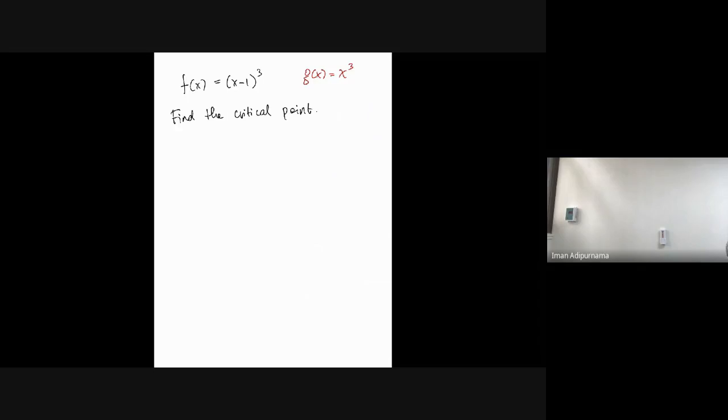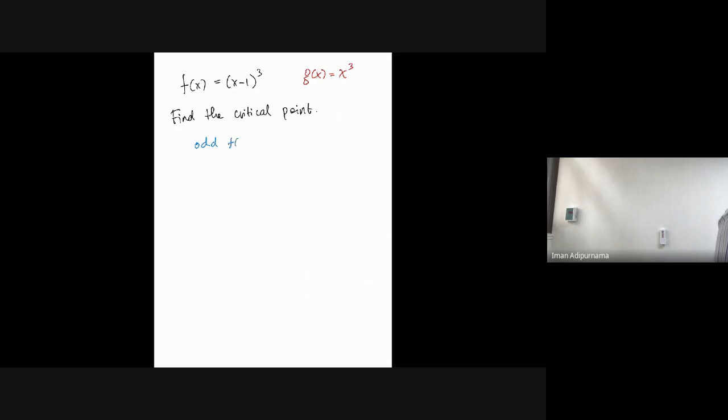So if you can draw the x cube, imagine what the function looks like, then you need to think, what is the critical point from the cubic function? And I think it will have a similar behavior in other odd functions, for example x^5, x^7, and so on. So let me write some notes for you.